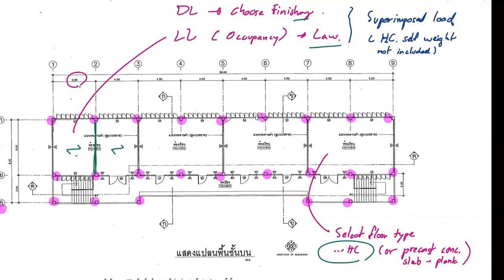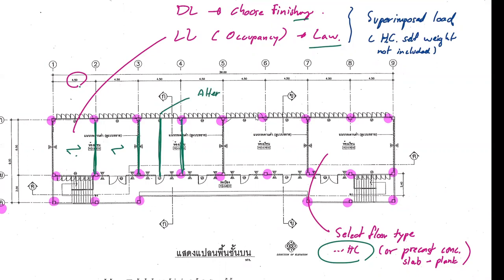Another way that you can do, it's entirely up to you, is that if you succeed in reducing the floor, your system is going to be quite economical. Another way is that you add more beams here. So you have the main beam like this, and you add another beam.